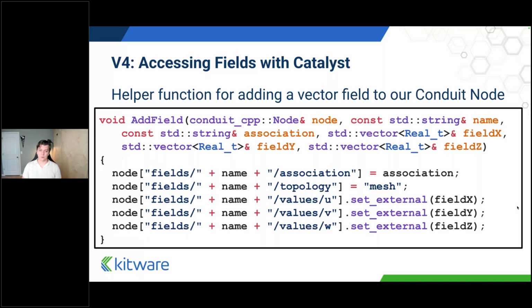So here we have an X, Y, and Z field that we're going to pass into our node. If you had, for instance, a more complex organization of data for your vector valued fields, it would need to be supported in a slightly different way, but we can talk about that for future reading. Here we similarly have association and mesh, but now our values are going to be broken up into a U, a V, and a W component.